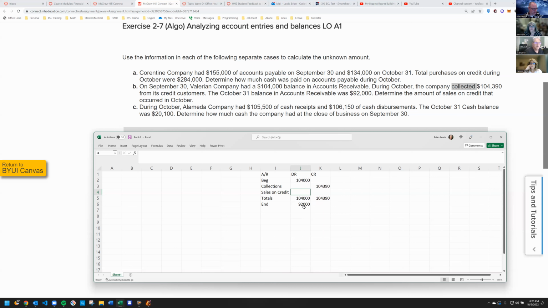So one way of doing that is taking the beginning value plus the ending value, because that's what you have to have at the end, minus what you've already collected. So it should be 91,610, and I can verify that by taking this number minus that number and getting, no, that's not right, is it? Did I calculate something wrong? 104,390.